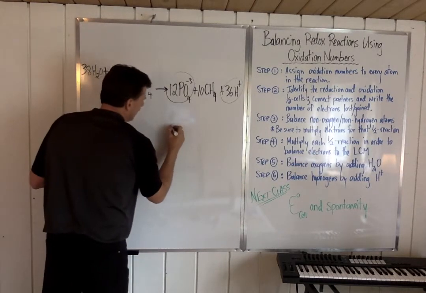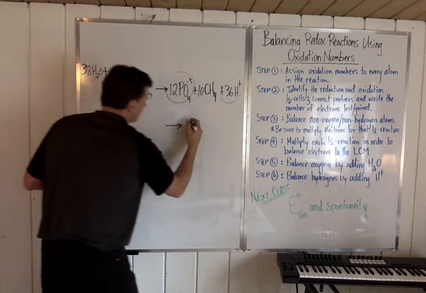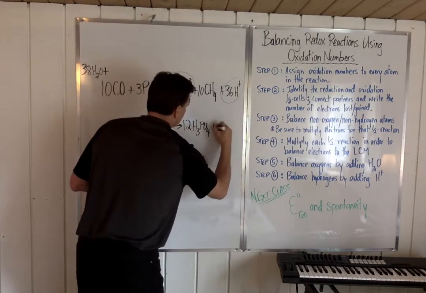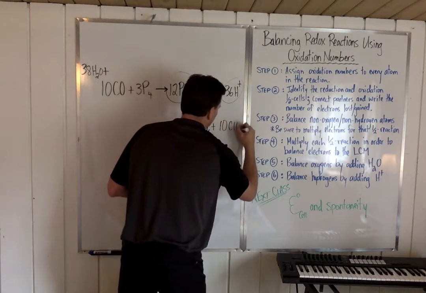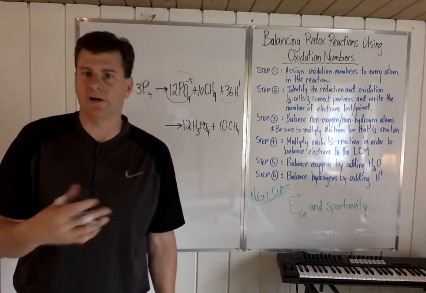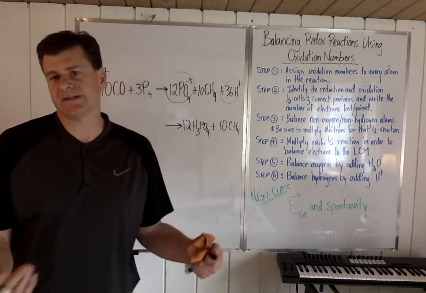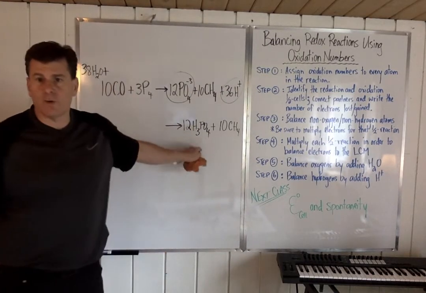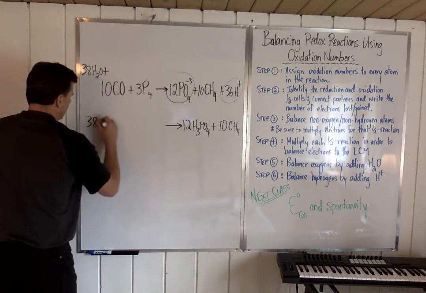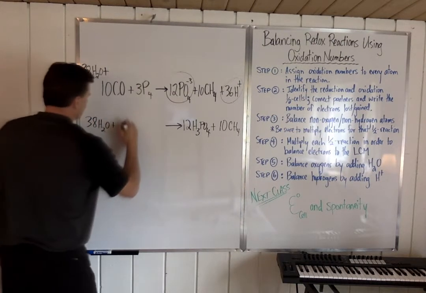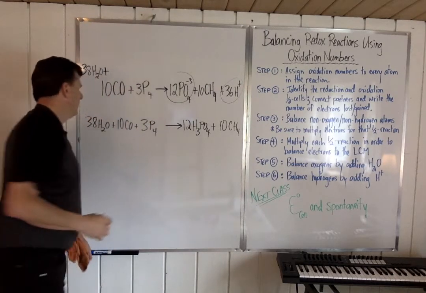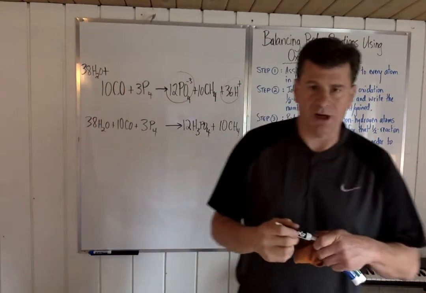You could put them together and that makes 12 H3PO4, which is a very likely form of how it will actually be written on a piece of paper or in stoichiometry, because that's the formula for phosphoric acid. And then you have 38 water plus 10 carbon monoxides plus 3 phosphoruses. And there's your balanced redox equation.